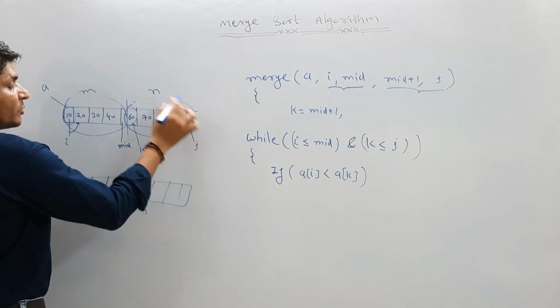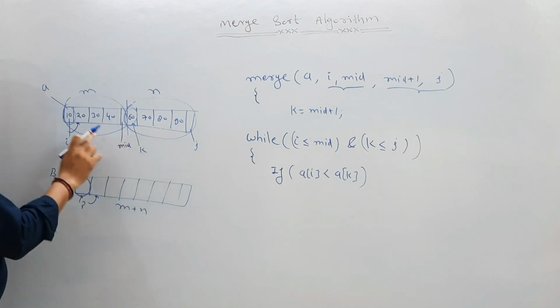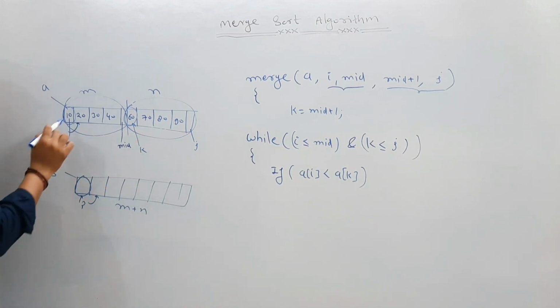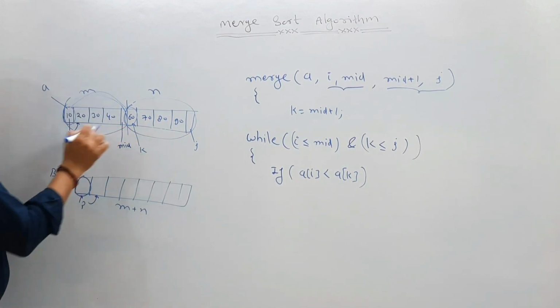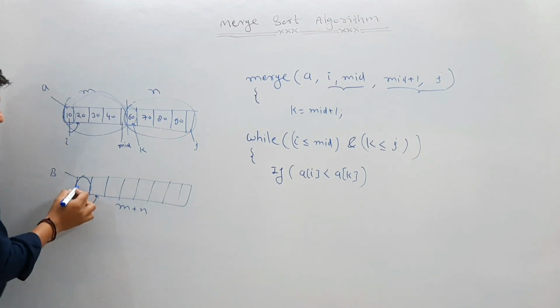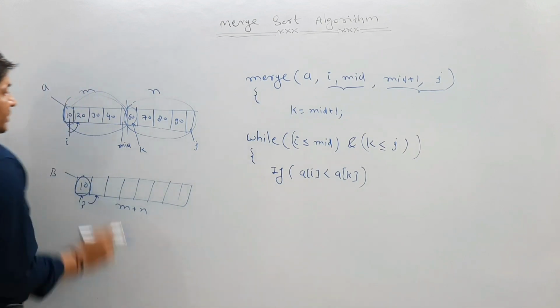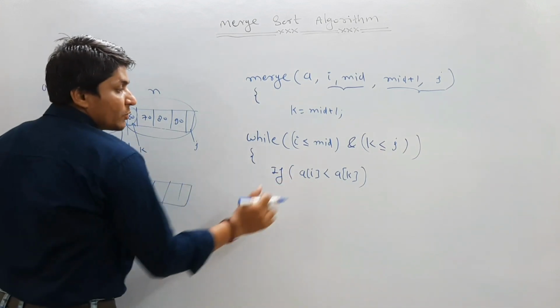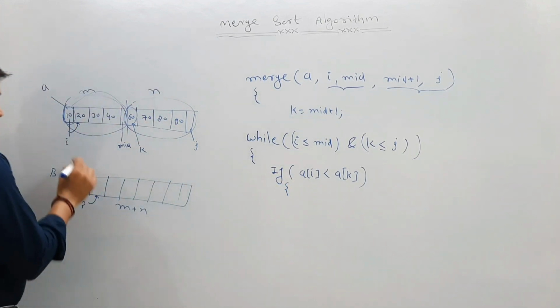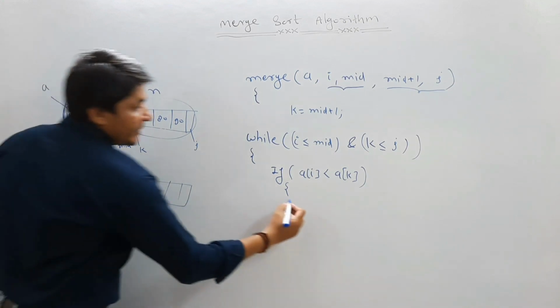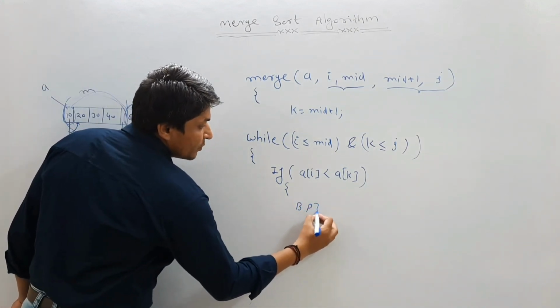This is the first sorted subarray and this is the second sorted subarray. In this case you are comparing 10 and 60. Which one is minimum? 10. So you simply copy 10 here. If this condition is true, 10 less than 60, yes, then you copy a of i into b of p. So b of p equals a of i.